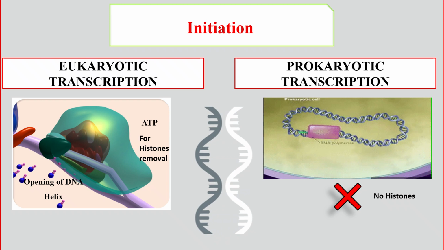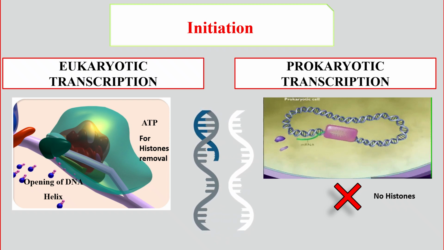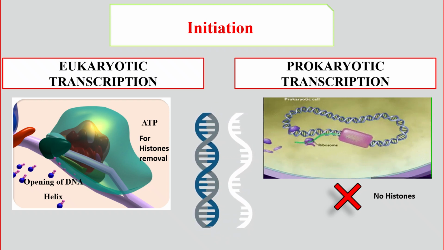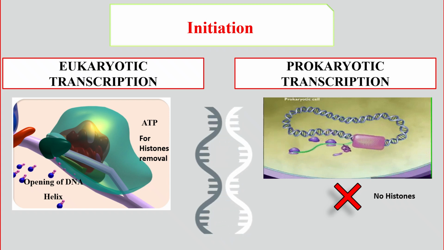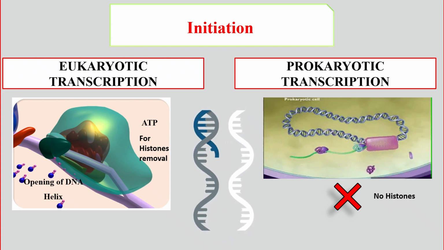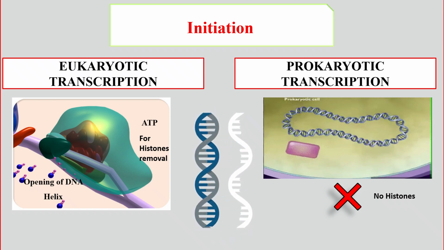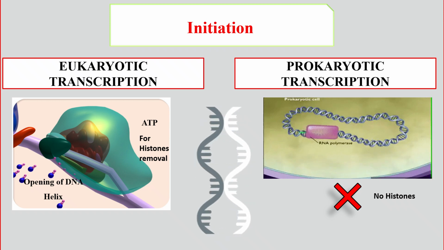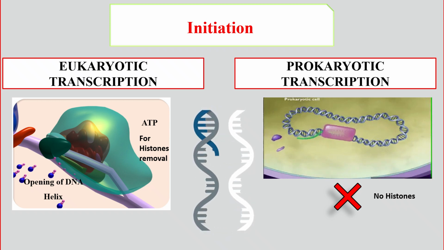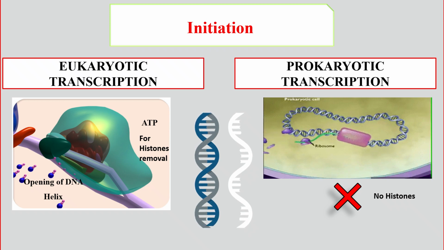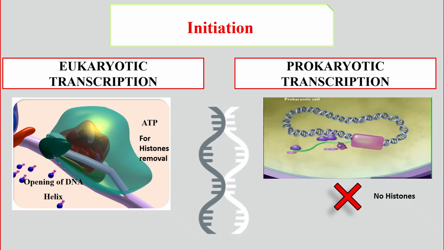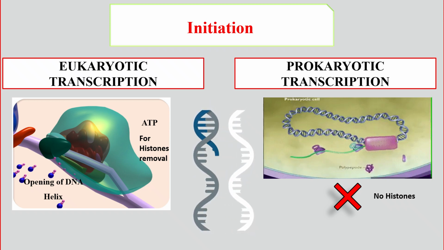Initiation. In both prokaryotes and eukaryotes, there is the unwinding of the DNA double helix, as the RNA polymerase unwinds approximately 25 base pairs, and now these base pairs will be exposed for complementary base pairing. The only difference is that in eukaryotes, as it is a complex process, there are histone proteins.